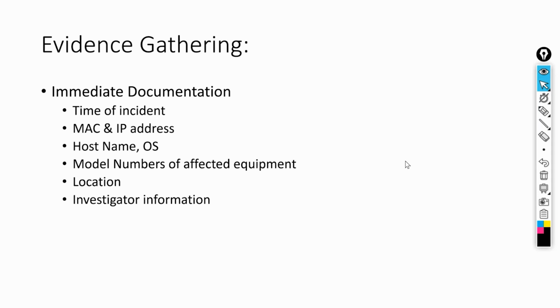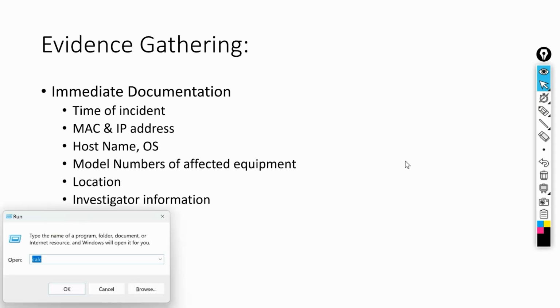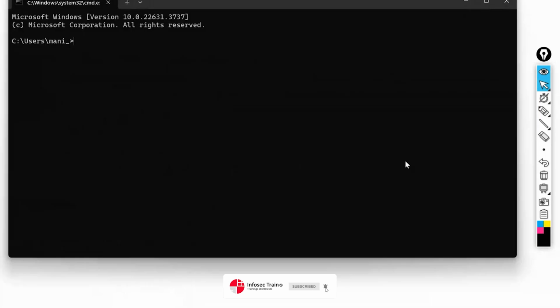But one thing which you forget is that when you are collecting the evidence, you should not only collect the MAC and IP address of the physical network adapter, you have to collect the MAC and IP address of all the adapters, irrespective of whether they are physical or virtual. A live example I can give you: if I go to the command prompt and type ipconfig /all.